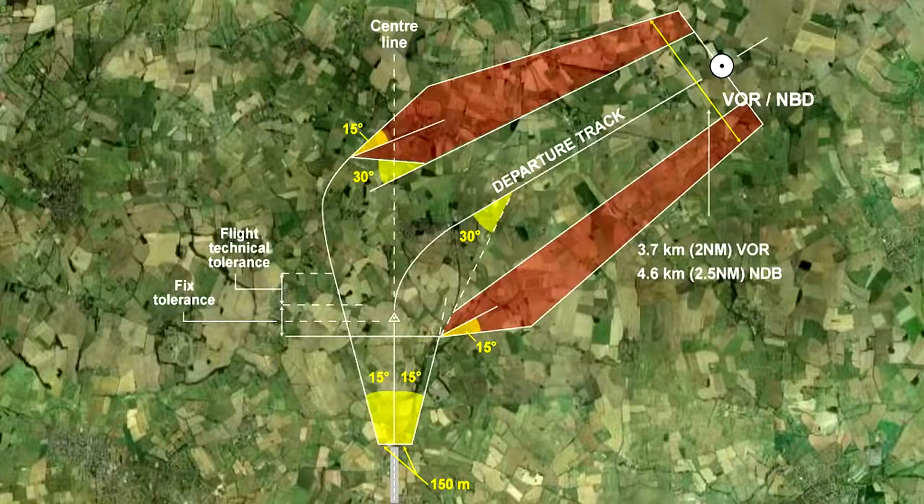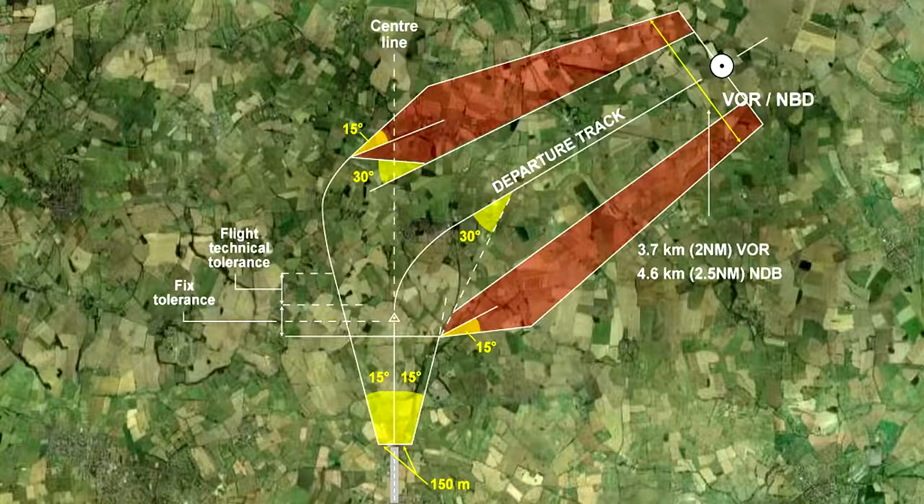A straight departure is one in which the initial departure track is within 15 degrees of the alignment of the runway. Track guidance may be provided by VOR, NDB or RNAV. At this point we can usefully mention color coding. The shaded areas are considered secondary for minimum obstruction clearance, whereas the clear areas along the departure track are considered primary.